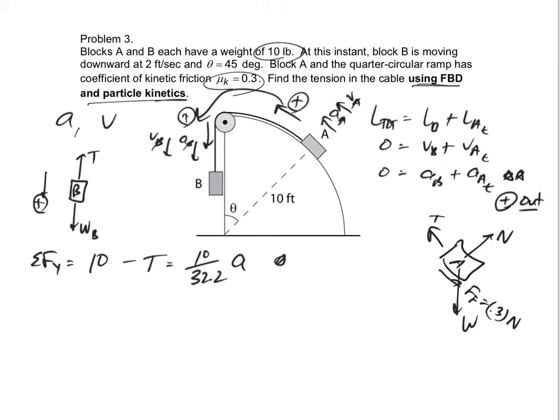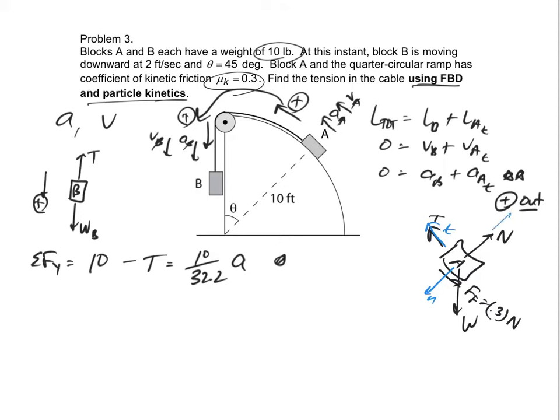All right, what direction do I want to define my axes as? Well, A is definitely in a circular path. If anything is in a circular path, you need to have the normal direction point into the curve, and you need to have the tangential direction point in the direction that it is traveling.